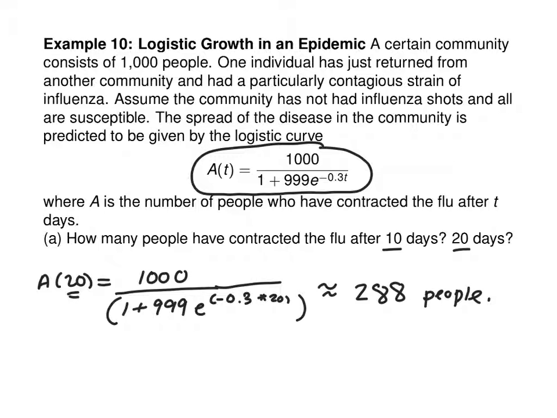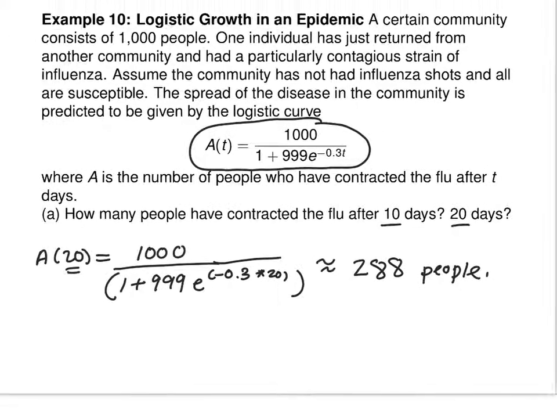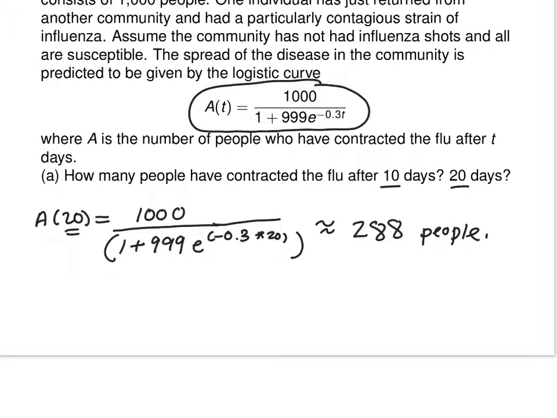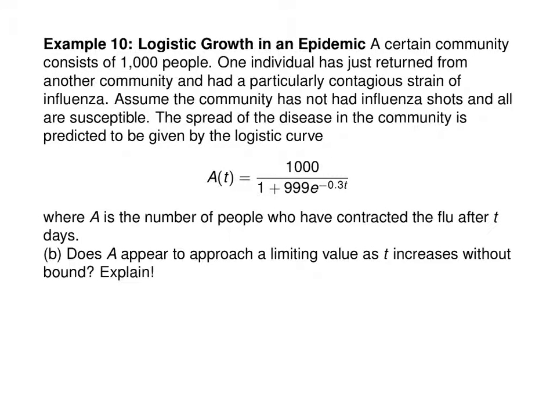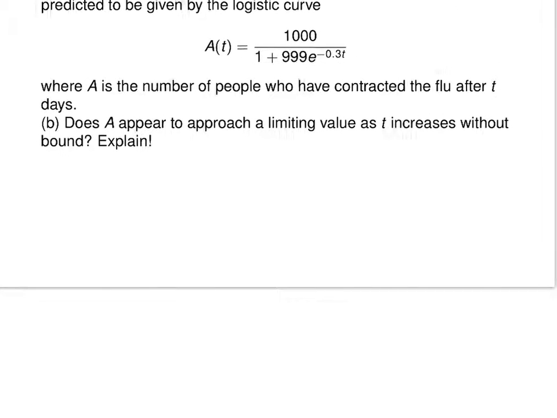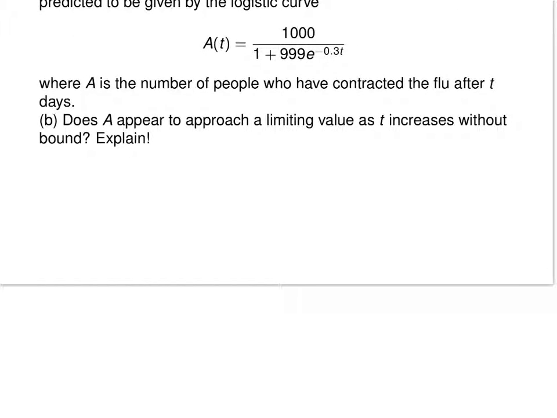The one thing I'll talk about before you go is the limiting value idea. But does it make sense how to plug numbers into this function if you're given it? Okay, that part's not very hard. Now the second question is, does this appear to approach a limiting value as t increases without bound? So let's rewrite that as 1,000 over 1 plus 999 over e to the 0.3t.